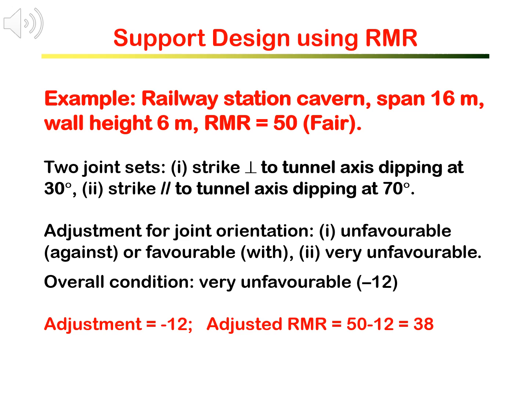We need additional information on the two joint sets' orientation with respect to tunnel access to calculate the adjusted RMR. Joint set 1 has a strike perpendicular to the tunnel access and dips at 30 degrees. Joint set 2 has a strike parallel to tunnel access and dips at 70 degrees.